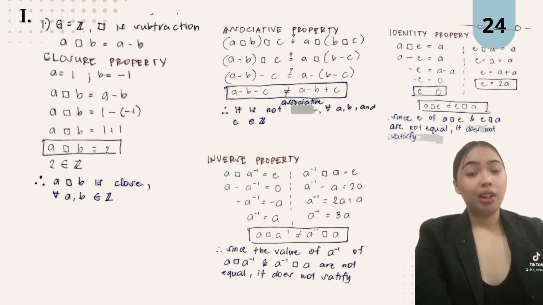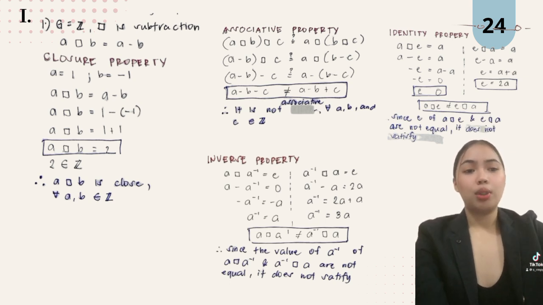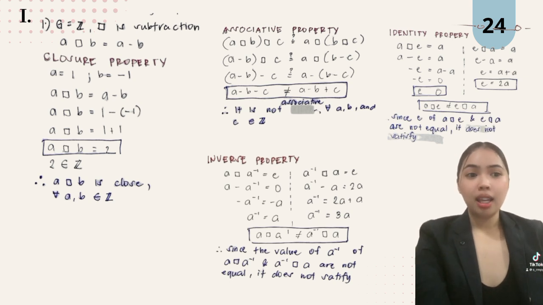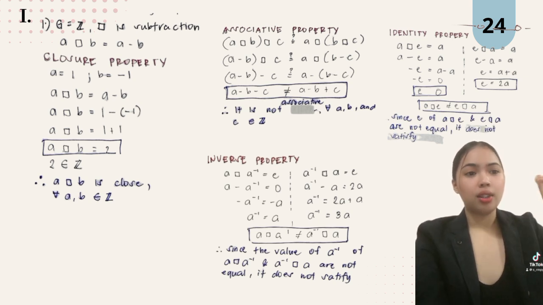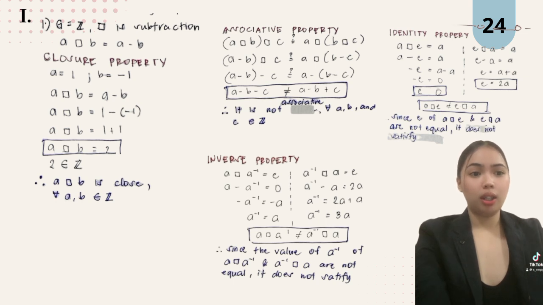So there is no identity because they are not equal. Let's proceed to the inverse property. A times A raised to negative 1 is equal to E, and A raised to negative 1 times A is equal to E.